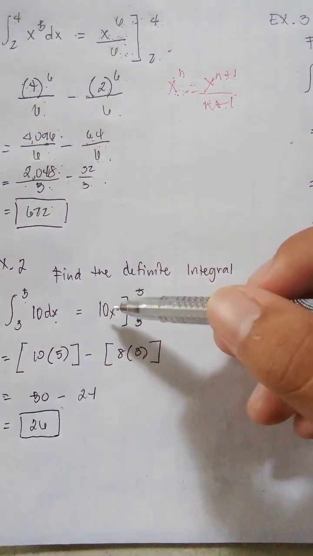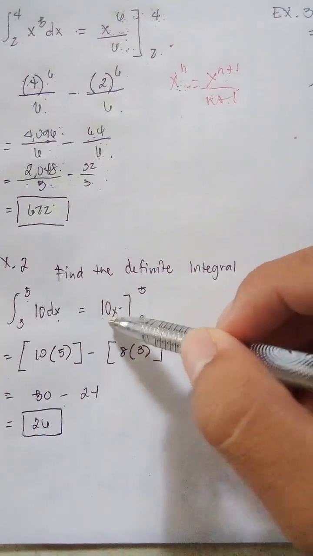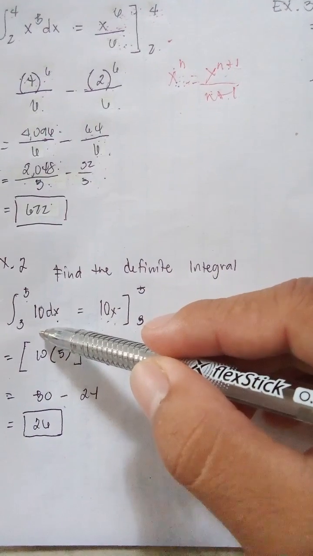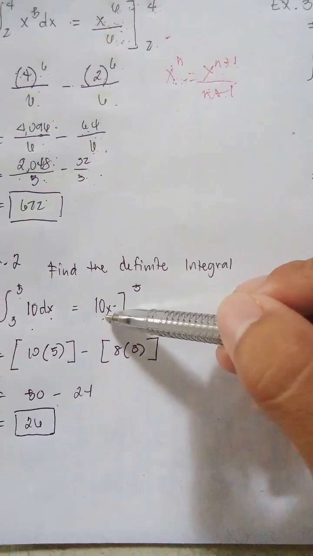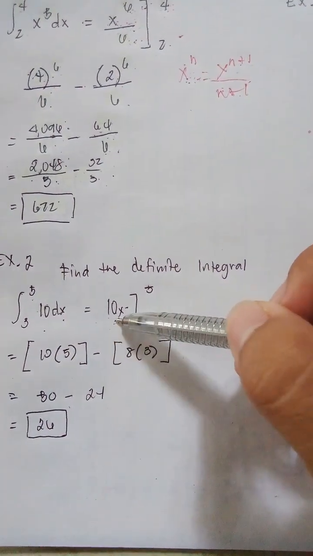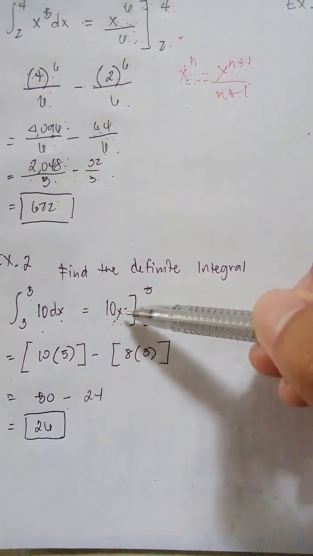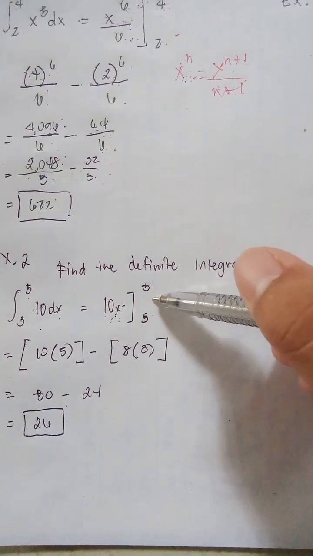The reason it became 10x is that if you take the derivative of 10x, it becomes 10. So that is the answer. You need the antiderivative, evaluating from 3 to 5.